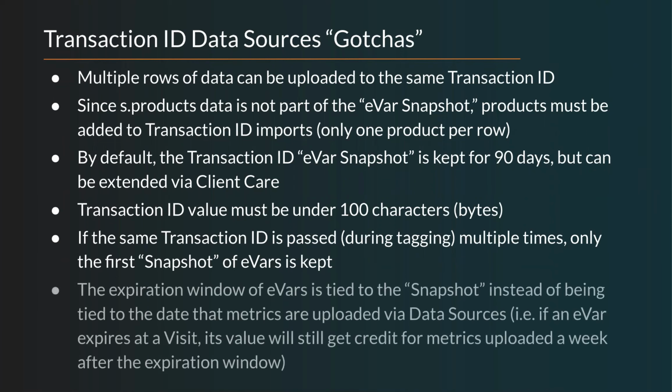The other thing is, this is the trickiest part, is that the expiration window for eVars is tied to the snapshot, not the date that you upload the metrics, which can be really confusing.